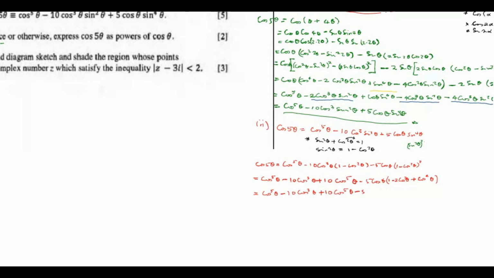So it's minus 5 here. If this comes here, then cos to the power 5 theta. Then when you expand the ones with to the power 5, it's this one and this one.